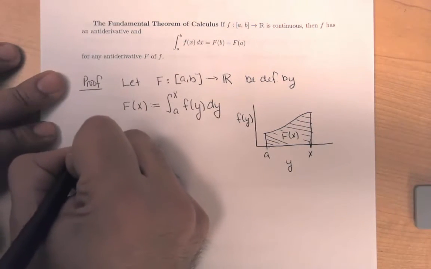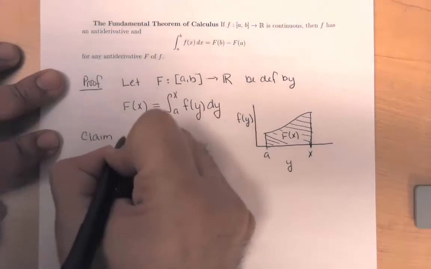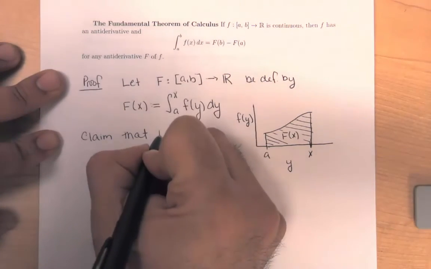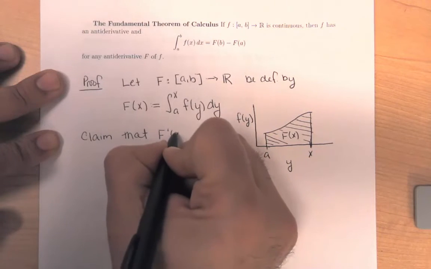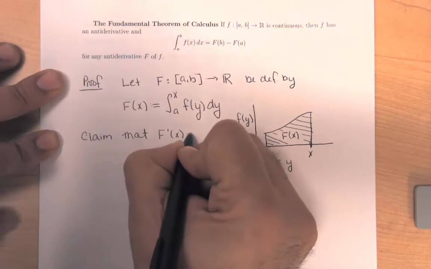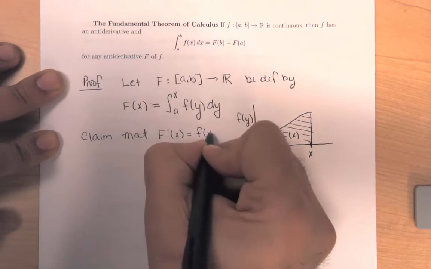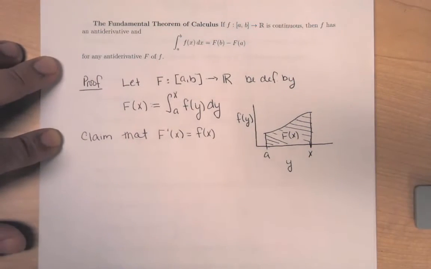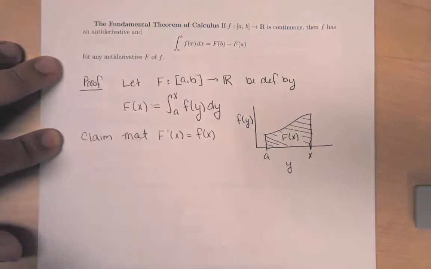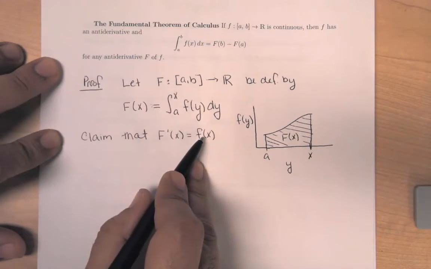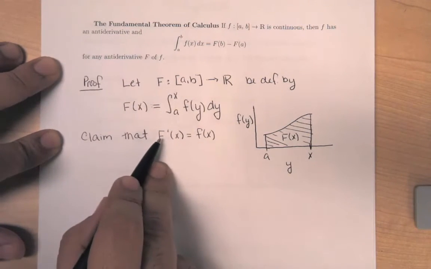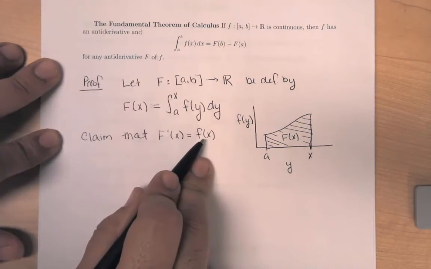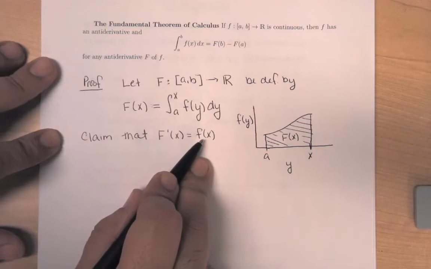Now I claim that F prime of x equals f of x. Right? In other words, I'm making the claim that big F is in fact my antiderivative of little f, because I'm claiming that the derivative of my potential antiderivative of little f is little f.